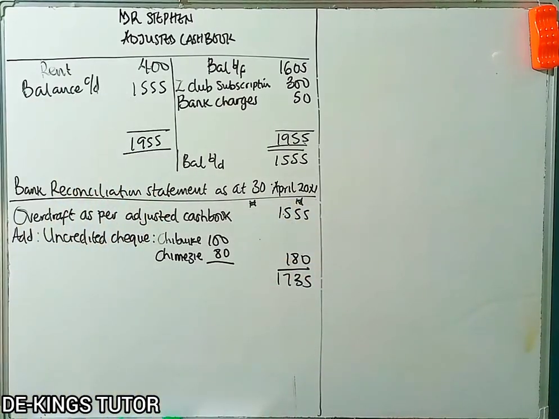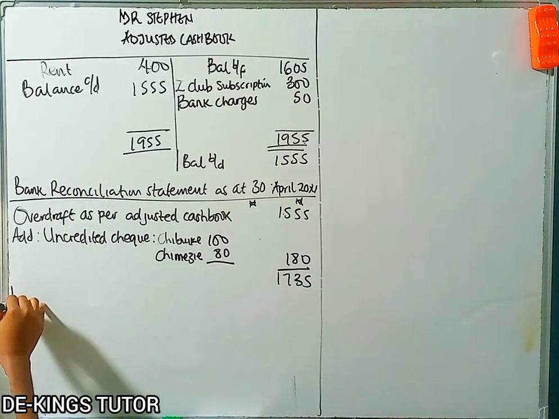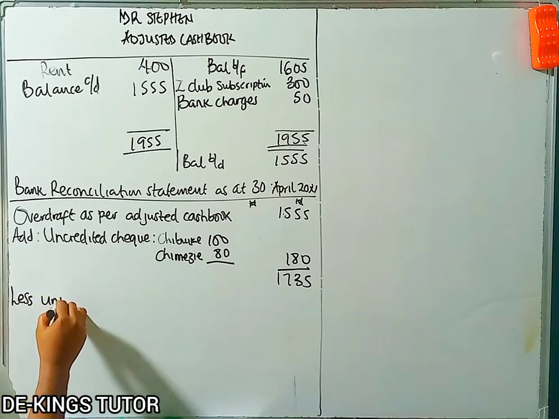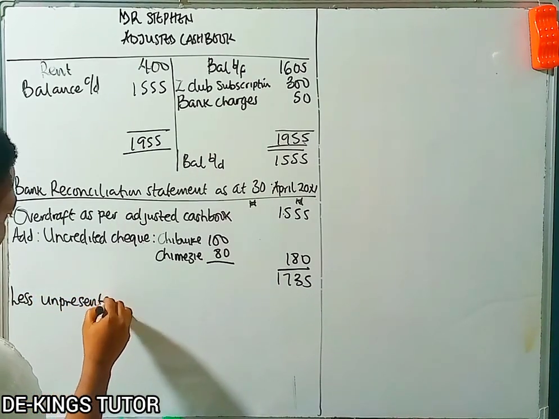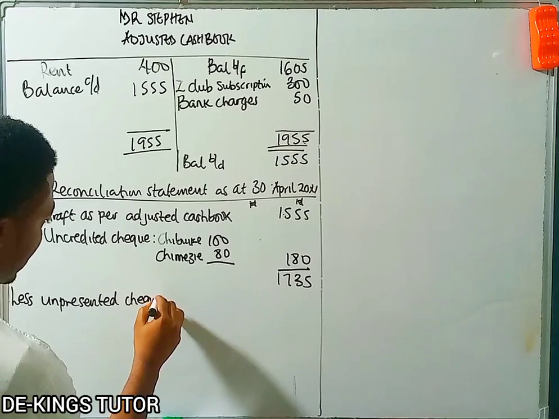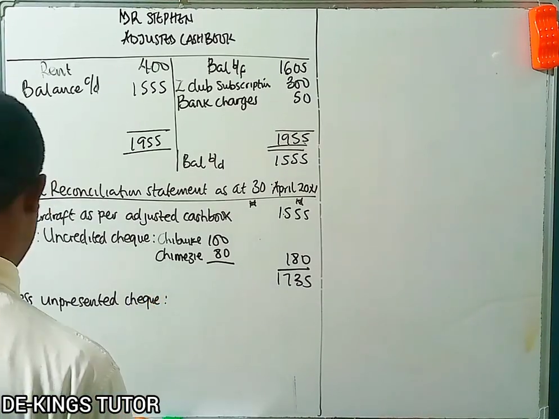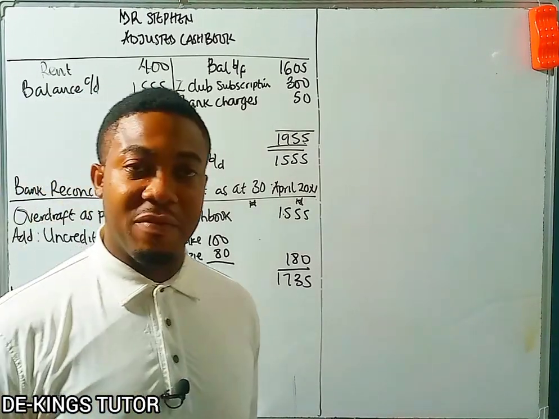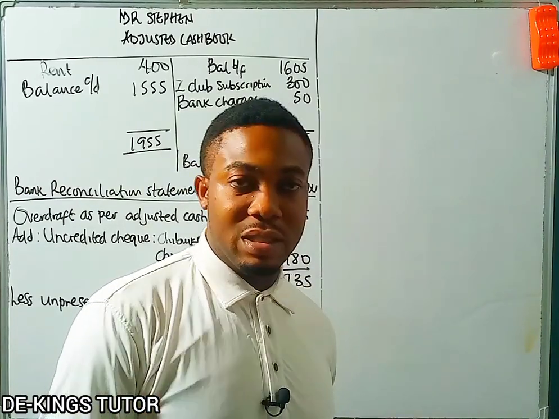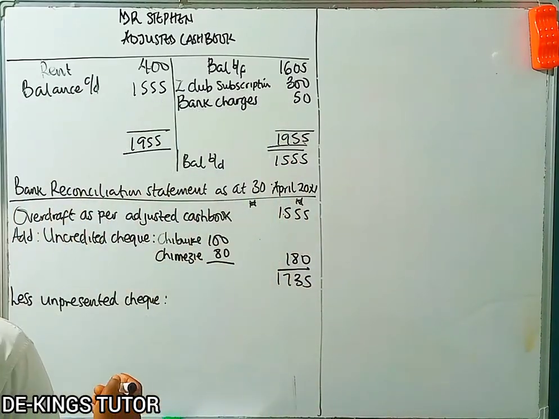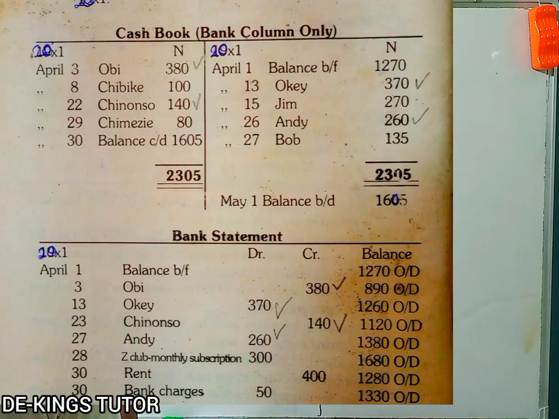So 1555 plus 180 will give us 1735. We'll now less unpresented checks. Unpresented checks, like I said, are those items at the credit side of the cash book, not on the debit side of the bank statement. It's just two items there, Jim and Bob.